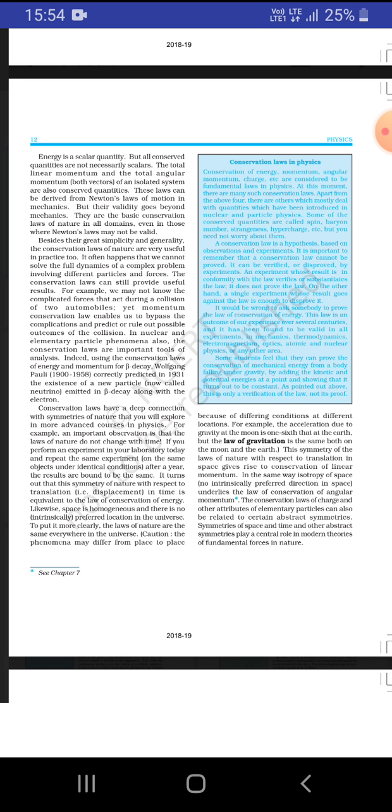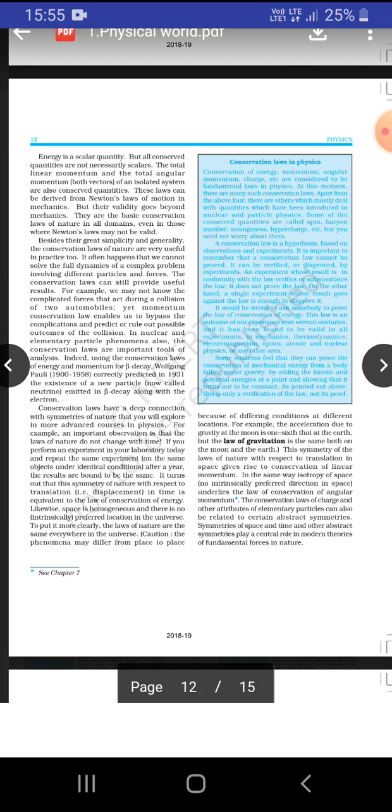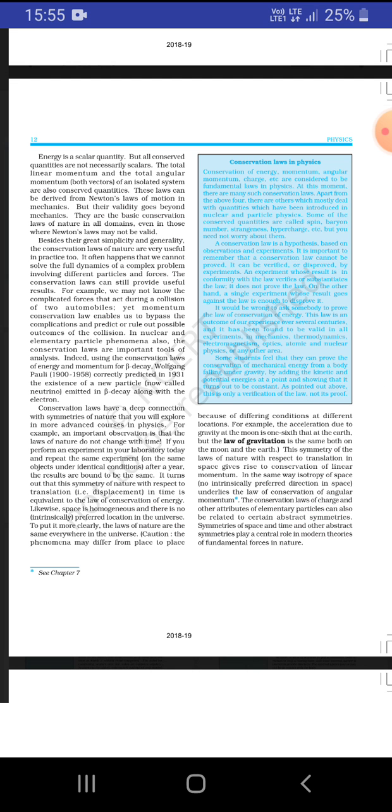The conservation laws of charges and other attributes of elementary particles can also be related to certain abstract symmetries. Symmetries of space, time, and other abstract symmetries play a central role in the fundamental forces, such as the strong nuclear force and the gravitational force.